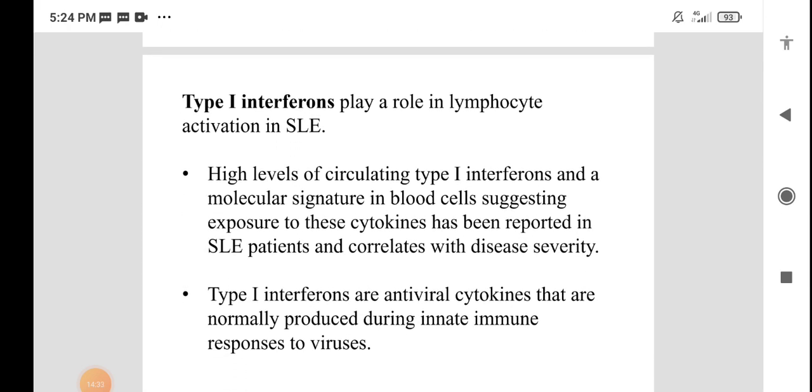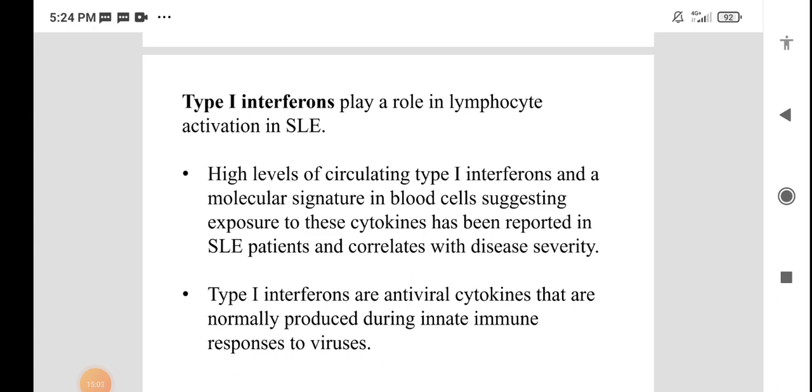Type 1 interferons play a role in lymphocyte activation in SLE. So here, high levels of circulating type 1 interferons and a molecular signature in blood cells suggesting exposure to these cytokines have been reported in SLE patients and correlate with disease severity.